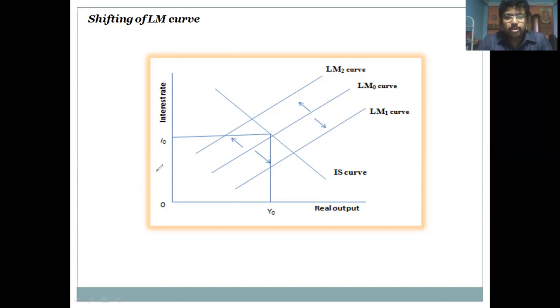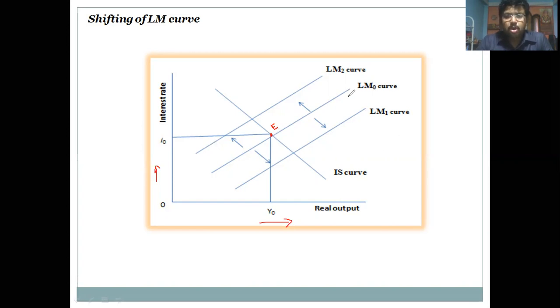In the same way, along the vertical axis we measure the interest rate, and along the horizontal axis we measure the real income or real output. As in the previous case, this is the equilibrium point. This point represents the equilibrium in both the markets, that is the goods market as well as the money market. Okay. So now the shifting of the LM curve.